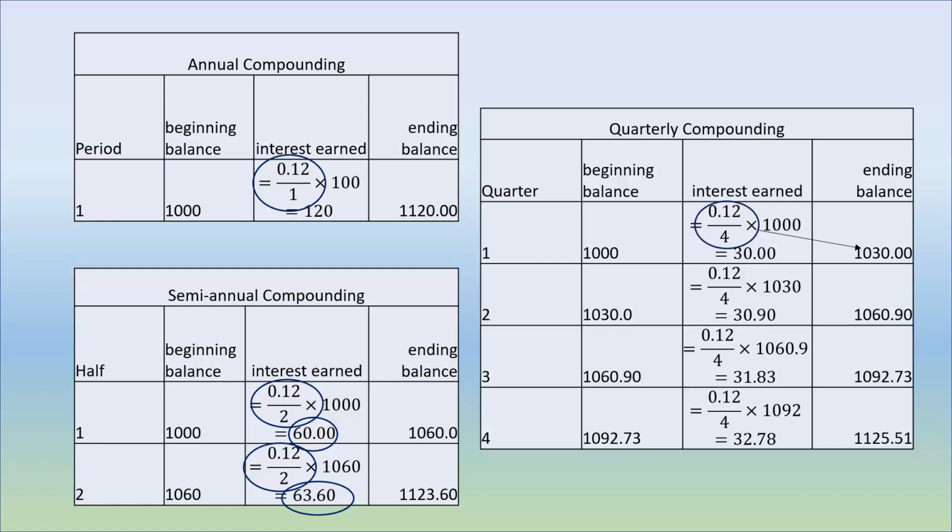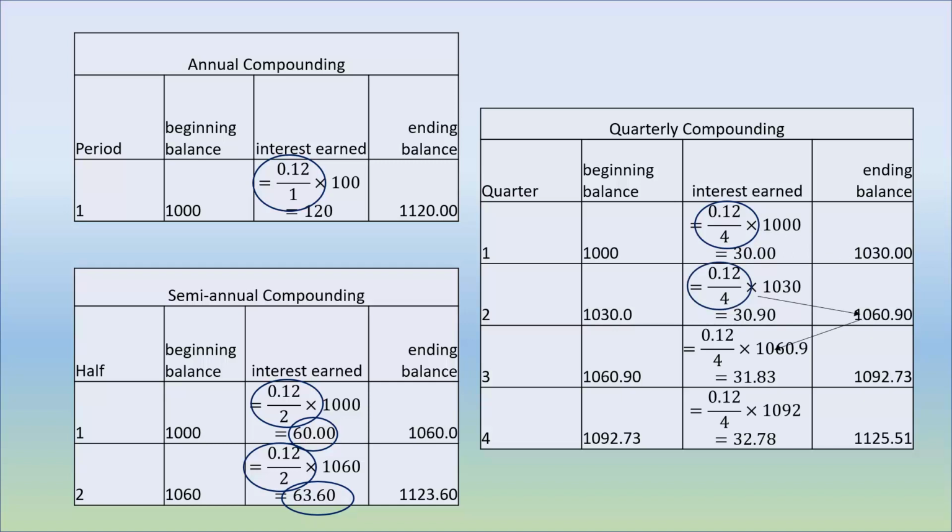So this investor did not want to withdraw the money, instead just let it keep growing. Now you have this 1030, again multiply it with the periodic rate, 12% divided by 4, or 3%, times 1030 gives us 30.9. So 30.9 is then added to 1030 to get 1060.9.